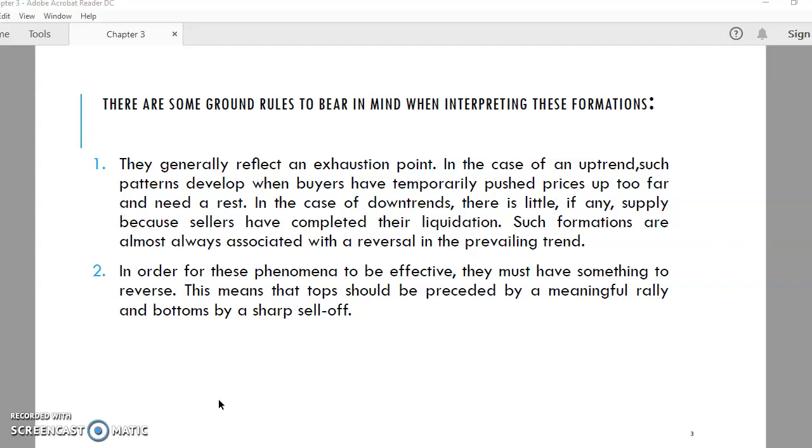Okay, so the 1 and 2 bar price pattern can only be useful or detected in a situation where the chart has already reached the top or peak, and the low or trough of the trend. Okay, I'll show you later.